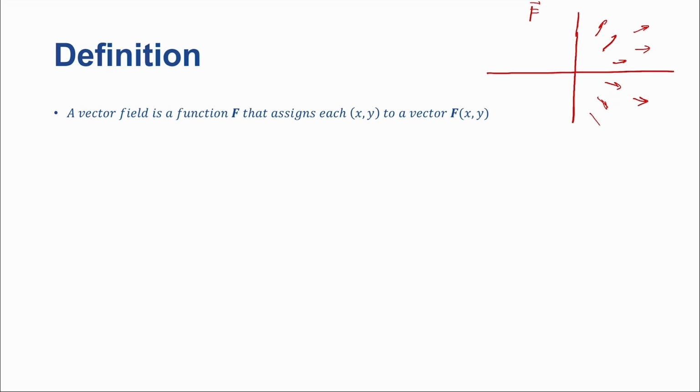Maybe the vectors point radially outward. That could be interesting if this modeled the velocity flow of a fluid. You might think there's some sort of source here, like a spring that's having all of this water leave, modeled by this vector field. Or with electricity, you could have something like a monopole.